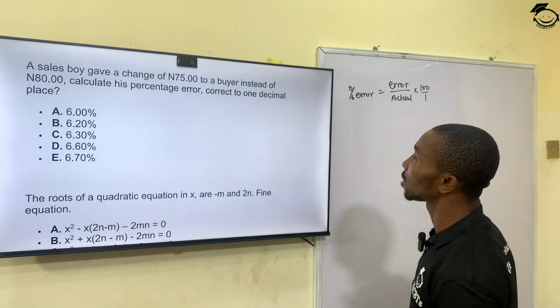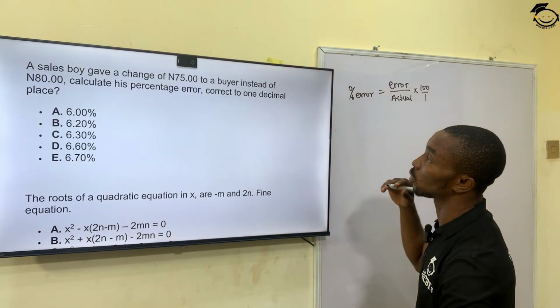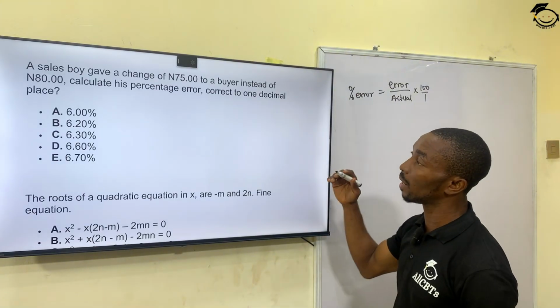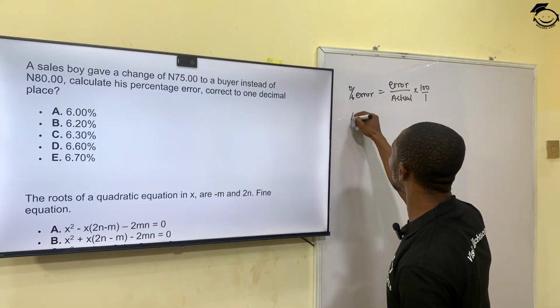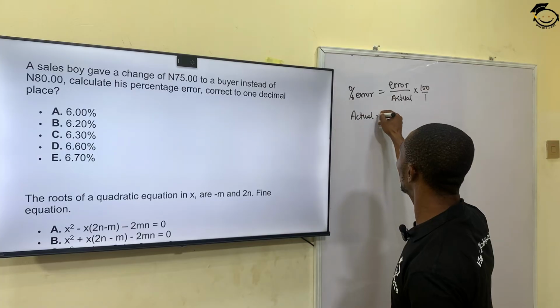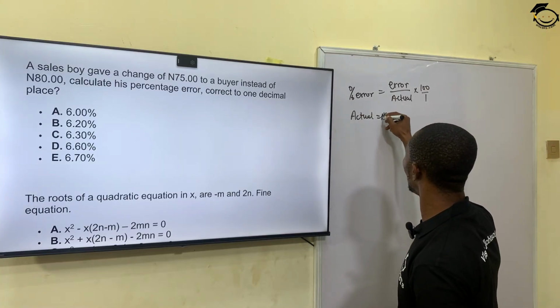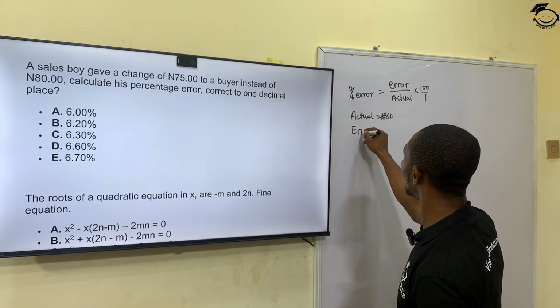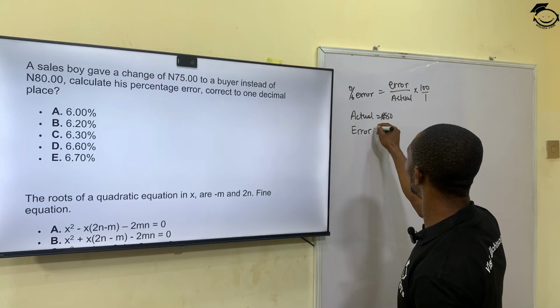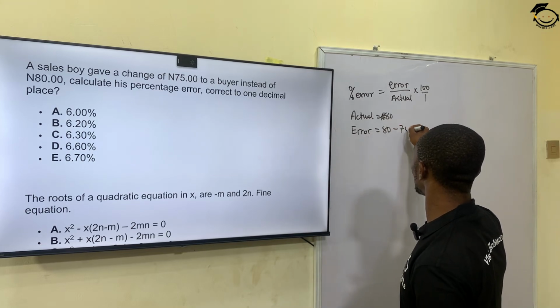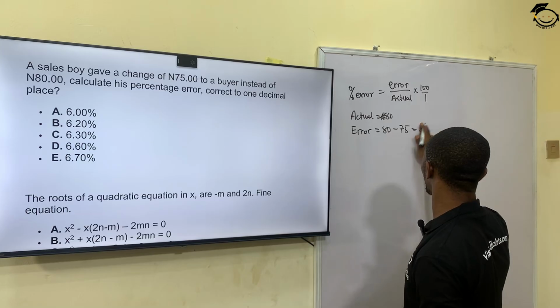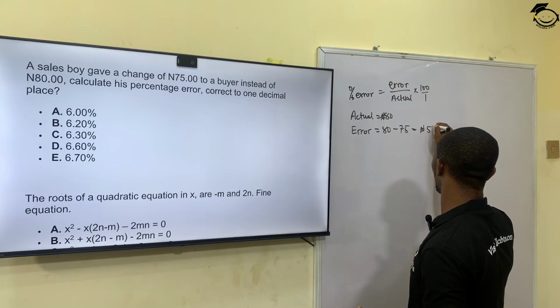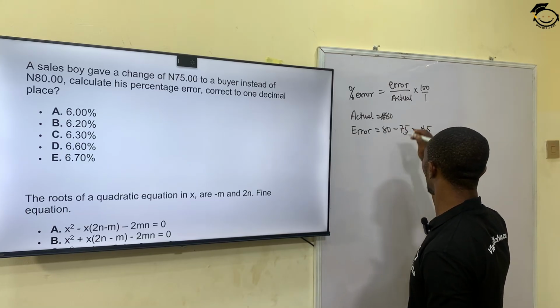Now, in this case, the actual value he was supposed to give the buyer is 80 naira. So our actual here would be 80 naira, and our error would be 80 minus 75, which is 5 naira. So he has an error of 5 naira.